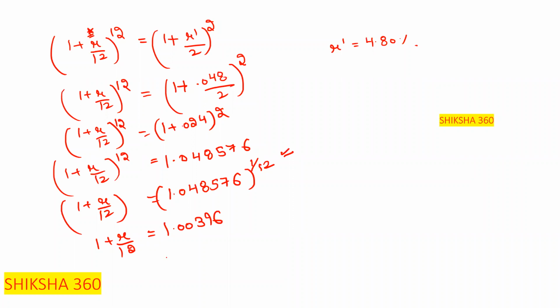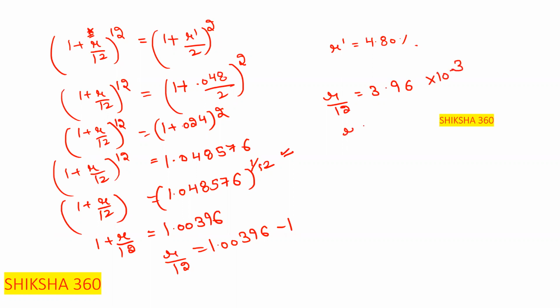Now r upon 12 is equal to 1.00396 minus 1. It comes out to r upon 12 equal to 3.96 into 10 raised to minus 3.